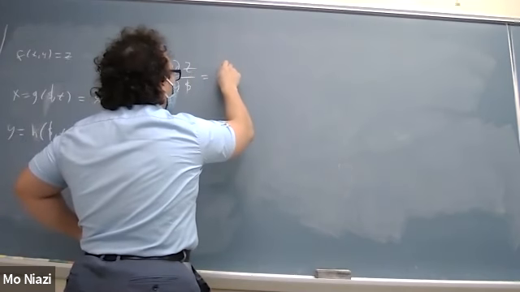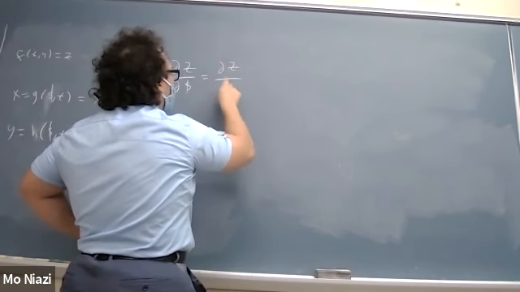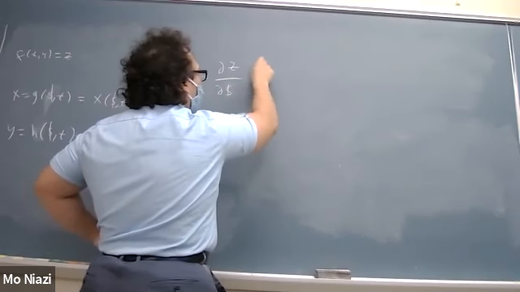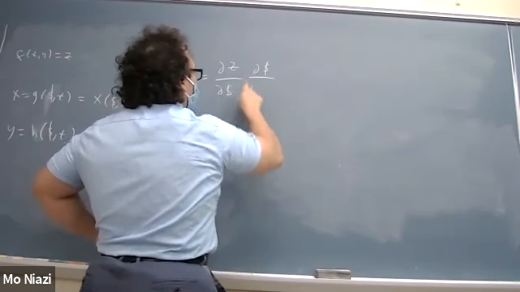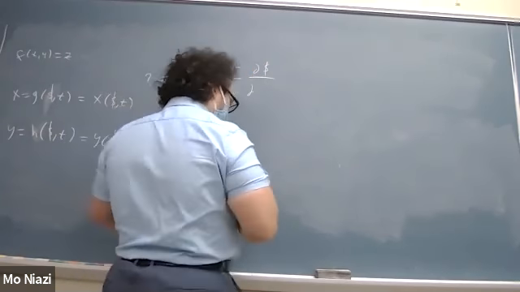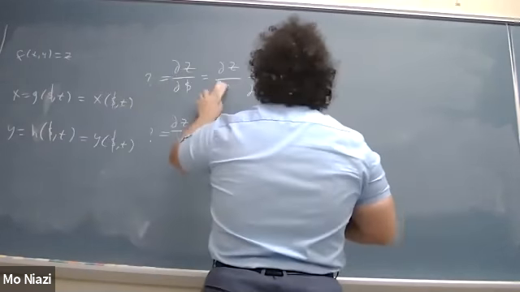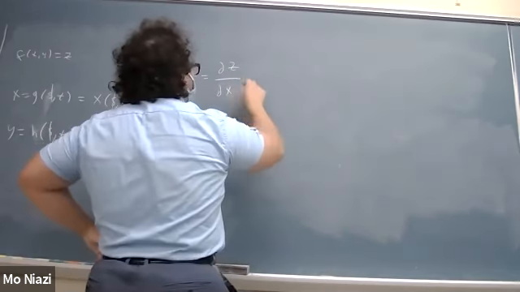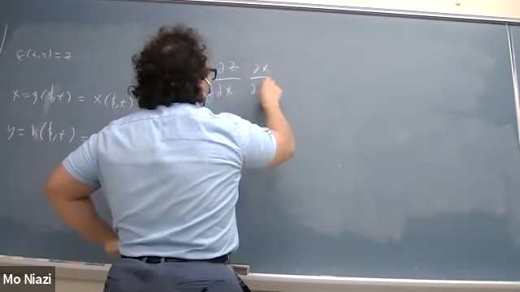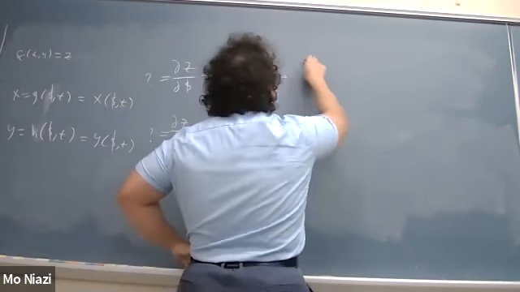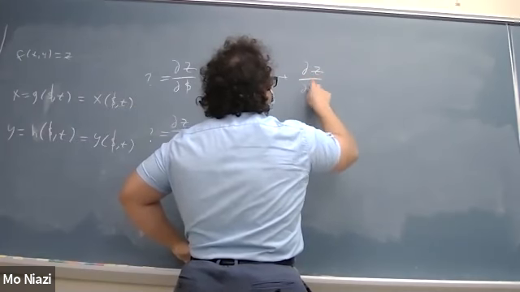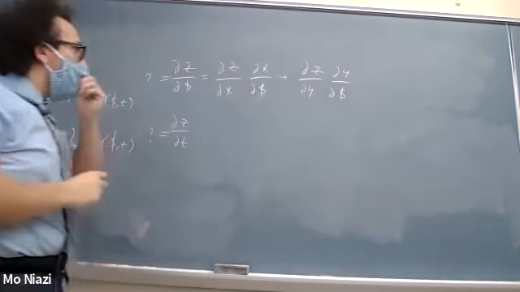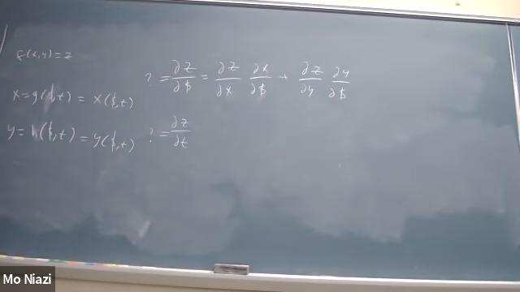So this is going to be your partial z, partial s, partial s, partial, no, this is wrong. Partial z, partial x, okay? Partial x, partial s, plus partial z, partial y, partial y, partial s, okay? That's what that becomes.